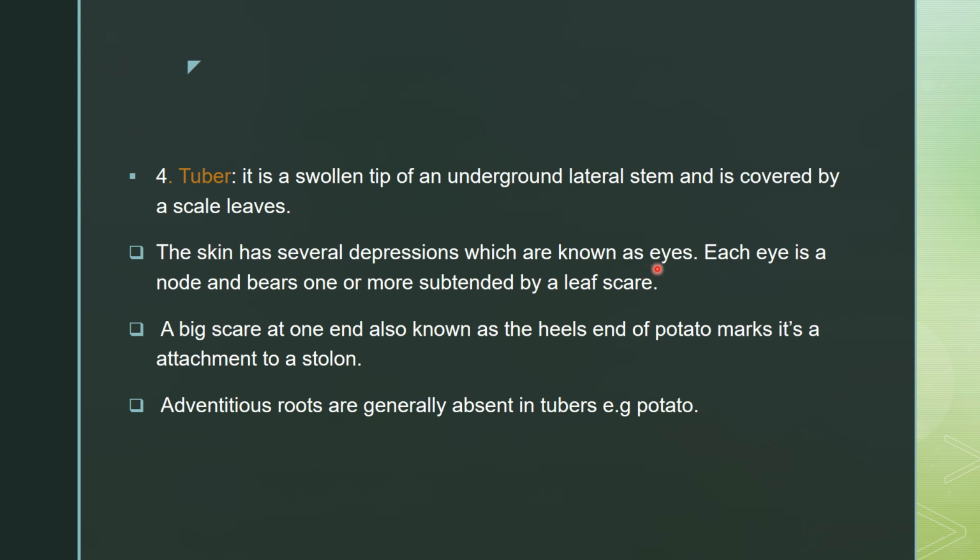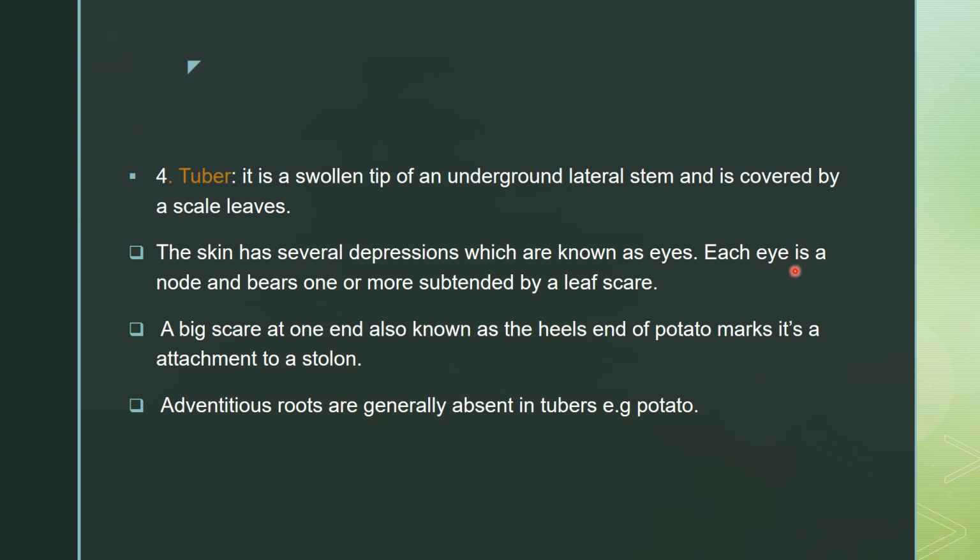If you take a potato and observe these eyes, they are depressions spread all over the potato, or all over the body of the tuber.